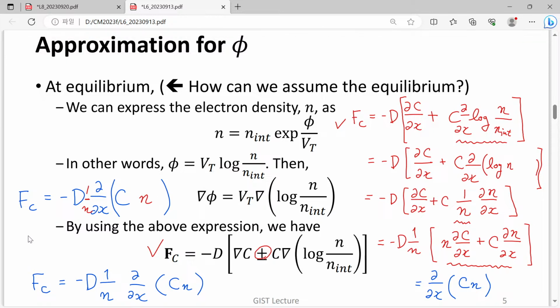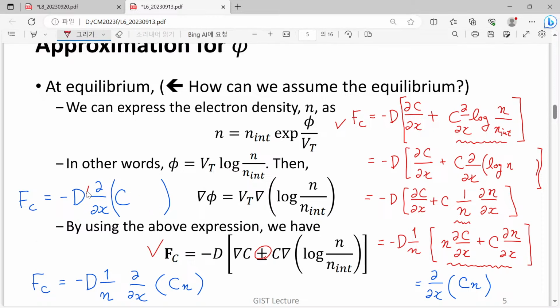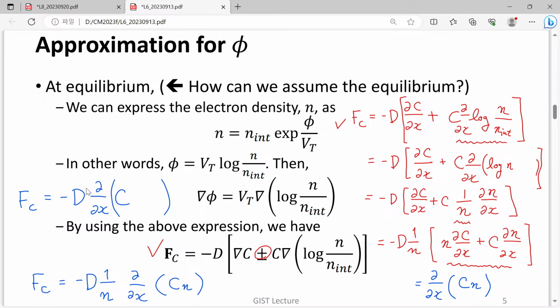This is the difference between the one without the drift term and the one with the drift term. We will use this form for our discretization.